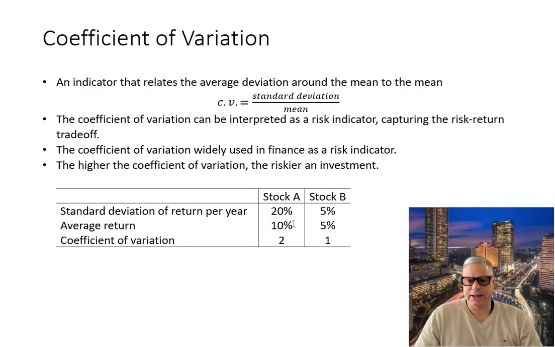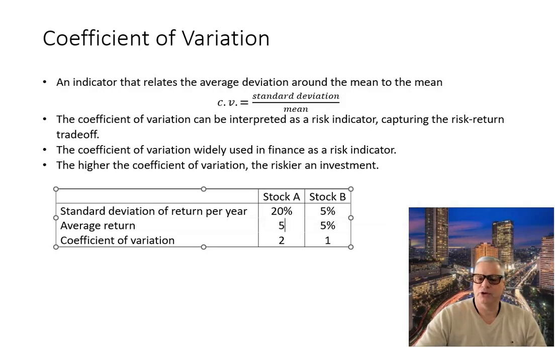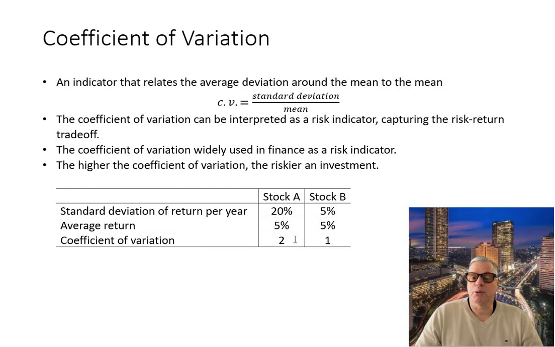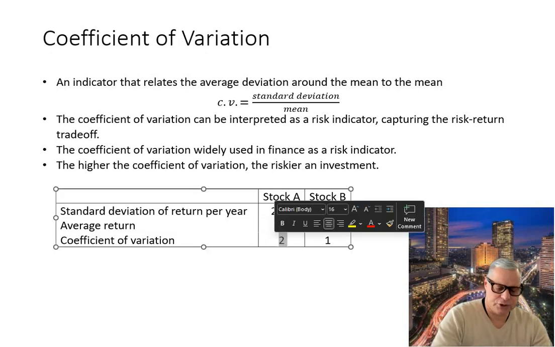And obviously, if let's say both stocks had the same average return, let's say both had 5%, then the coefficient of variation for stock A would be 4.